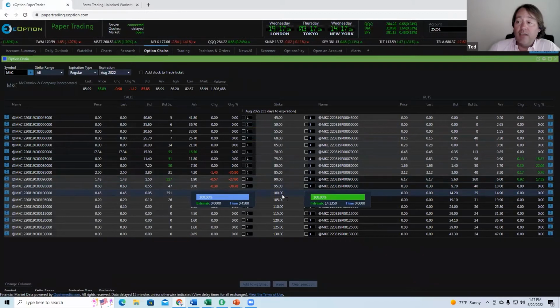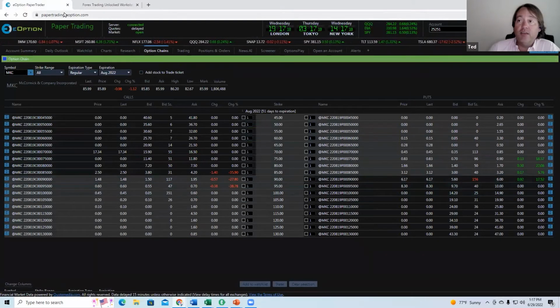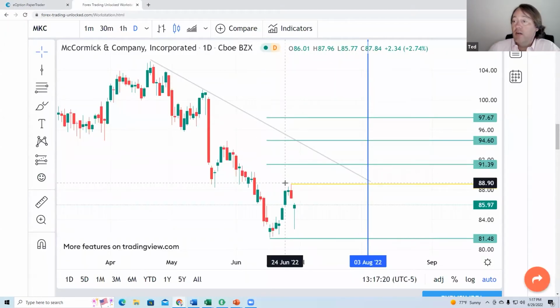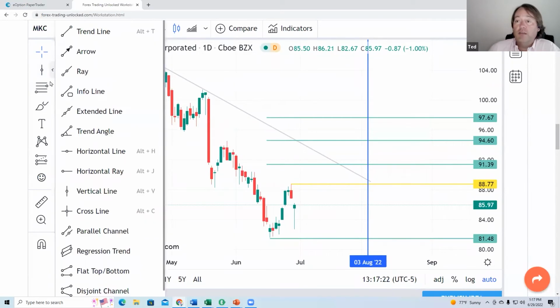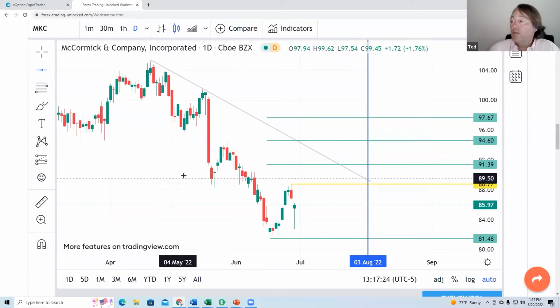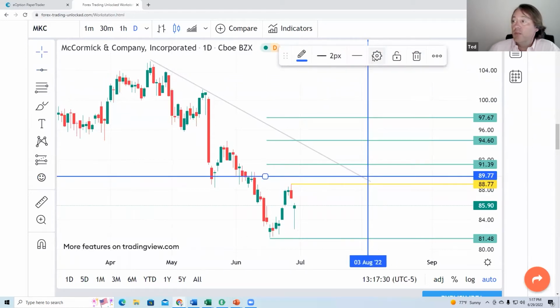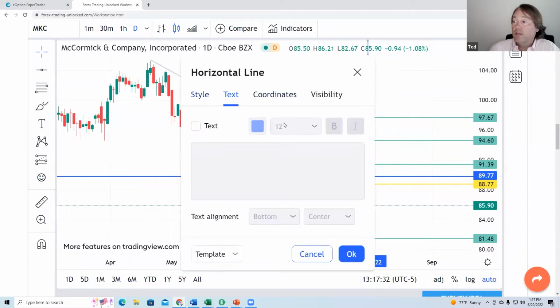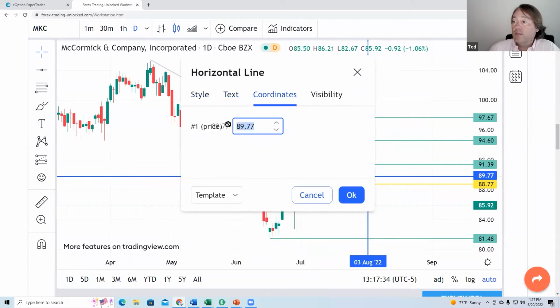So let's look at the 95 and $100. We'll look at $10 to $15 away. All right, so if we do that, we'll go to 95. Let's put this as a price in here. 95, there we go.